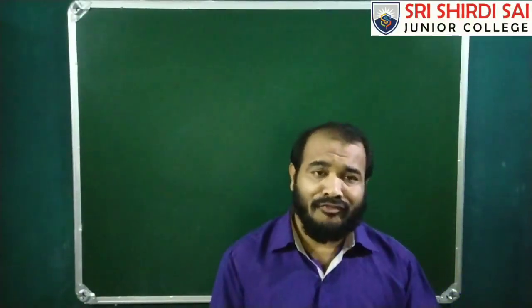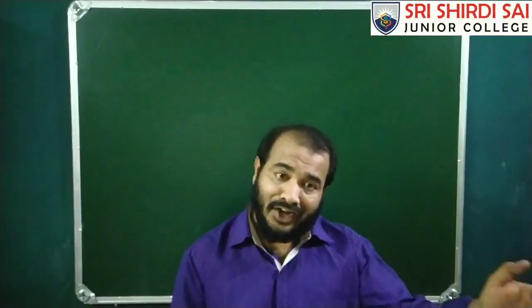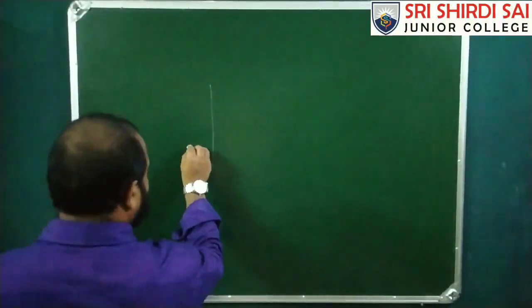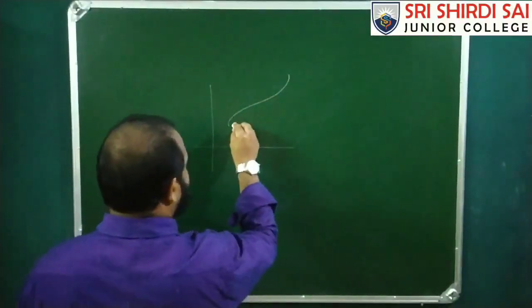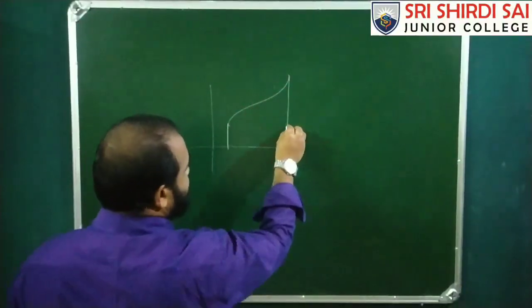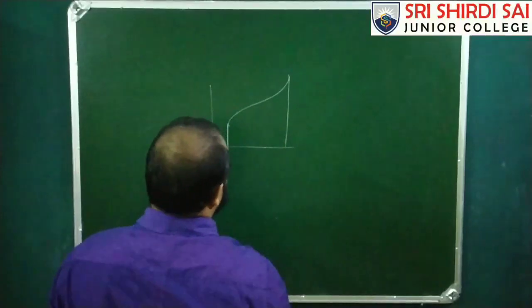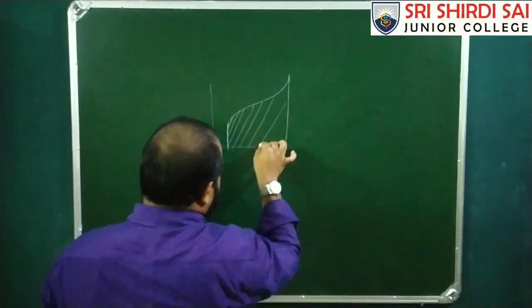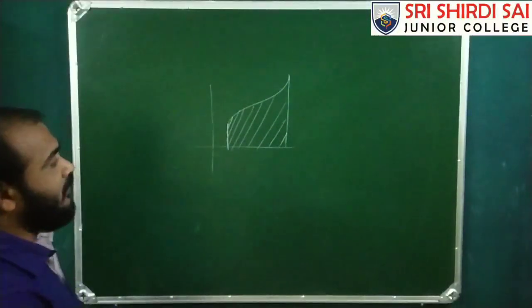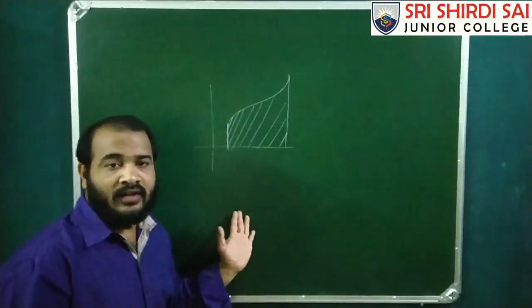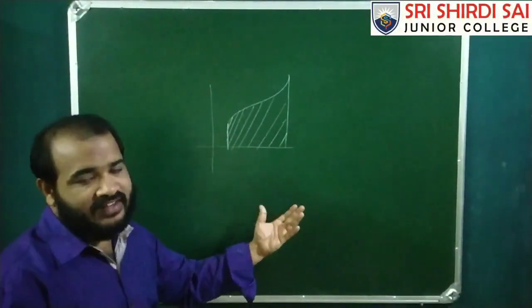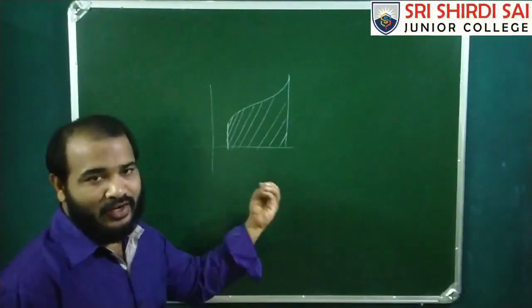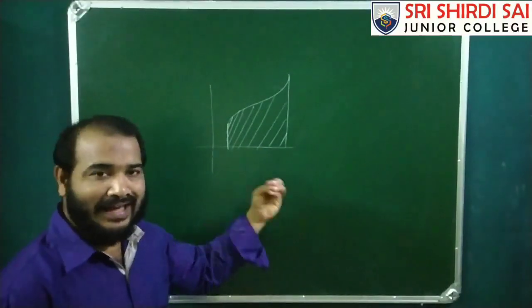So what if we are asked to find the area of the region bounded by a curve like this? We cannot do it under regular circumstances. We need some tool to handle critical curves like this.